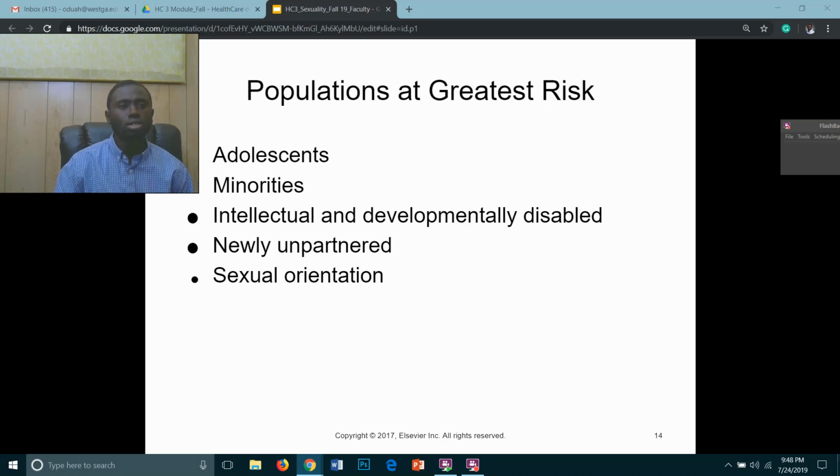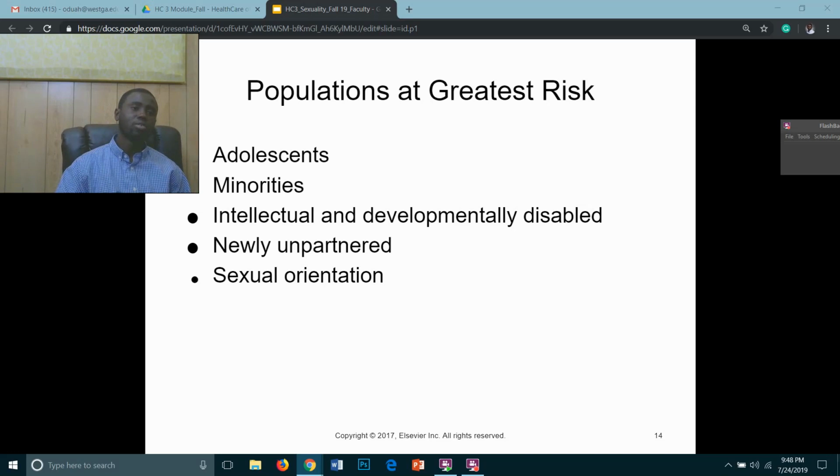Also, clients with disabilities are more likely to suffer from sexual abuse, thereby increasing their potential to develop poor sexual health. They may also suffer abuse for longer periods due to their inability to report, and so this will mar their sexual expression, and they may be fearful of engaging in sexual activities.